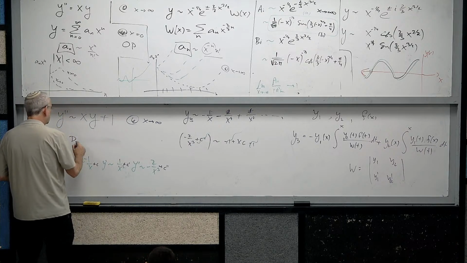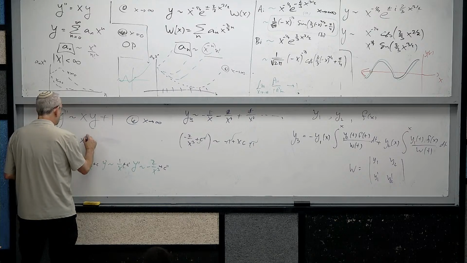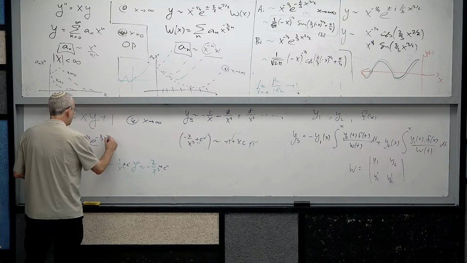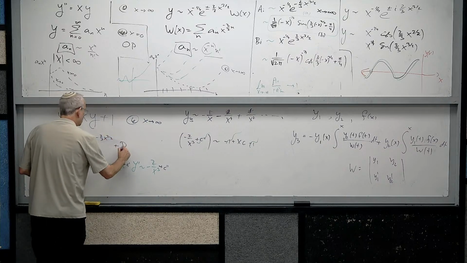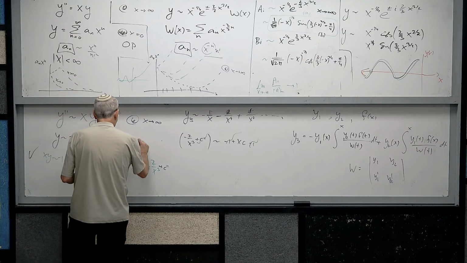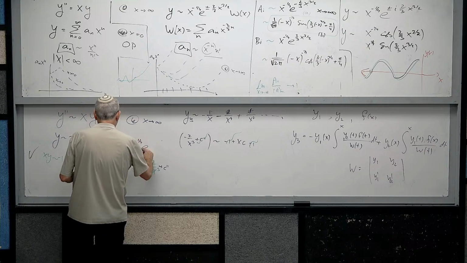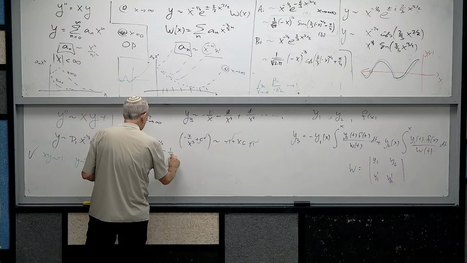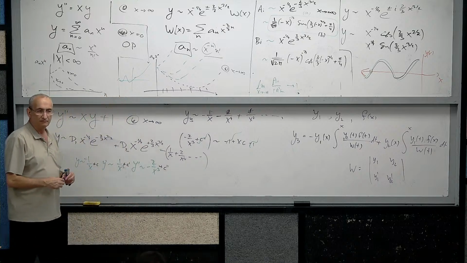So y is asymptotic to d1 x to the minus 1/4 times e to the minus 2/3 x to the 3/2, plus d2 x to the minus 1/4 e to the plus 2/3 x to the 3/2, plus y3, which is, okay, so we can write it, minus 1 over x plus 2 over x to the 4, blah, blah, blah, which is y3.